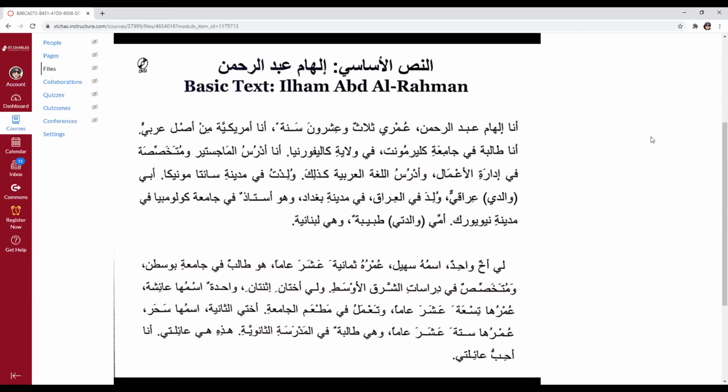أستاذ هو أستاذ و في جامعة كولومبيا في مدينة نيويورك.